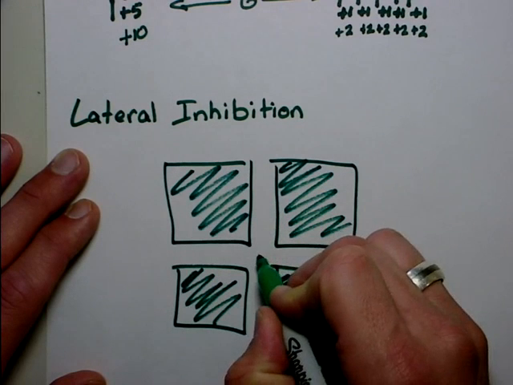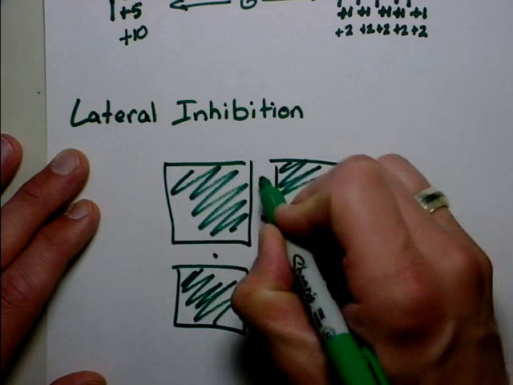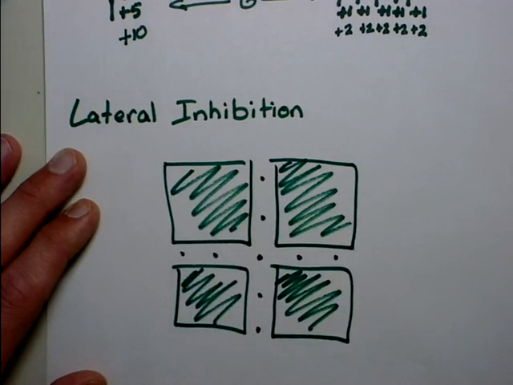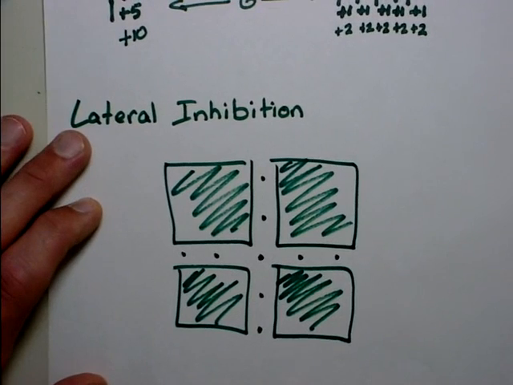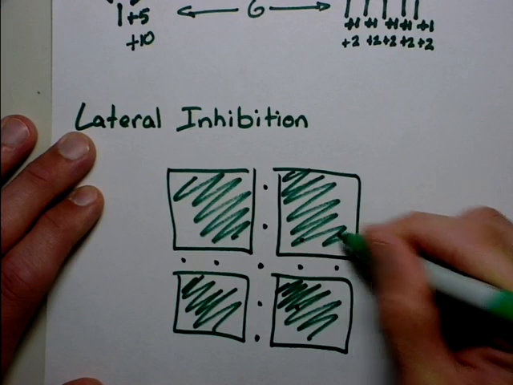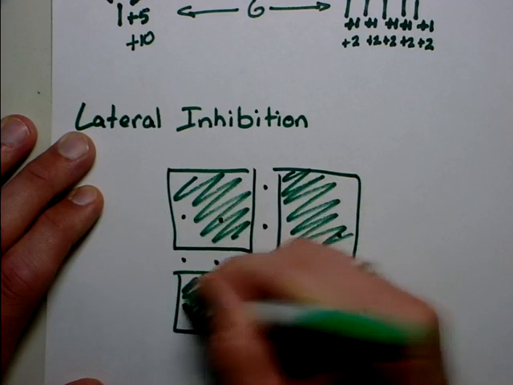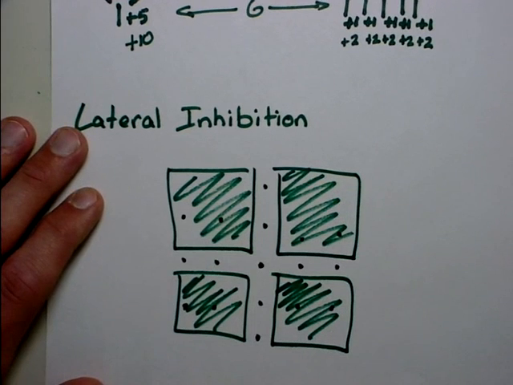Okay, we got a cell here, here, here, here, here. Let's put an additional one on the end here. Now, there'll be some out here, so we're just going to focus on these 5 in the middle.